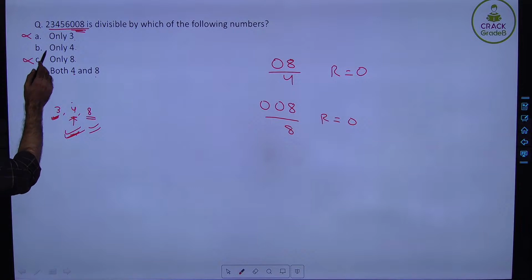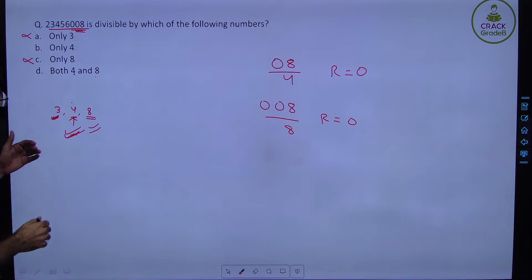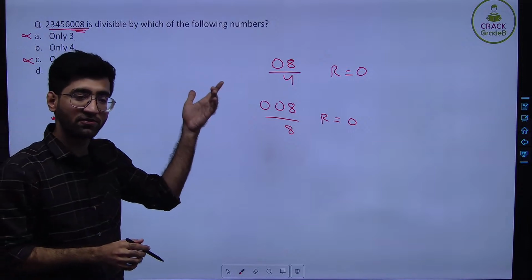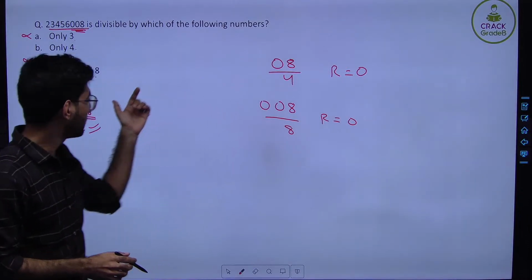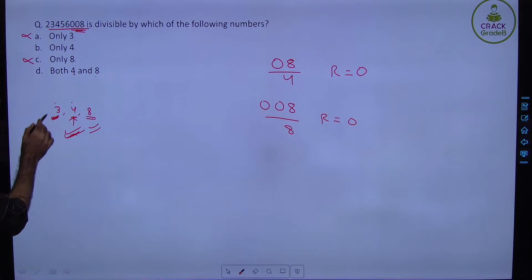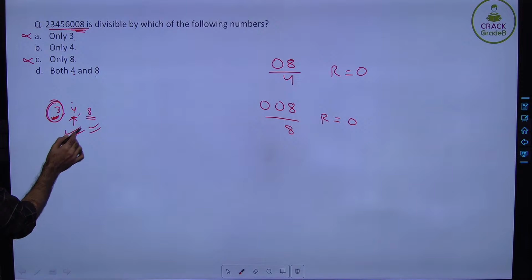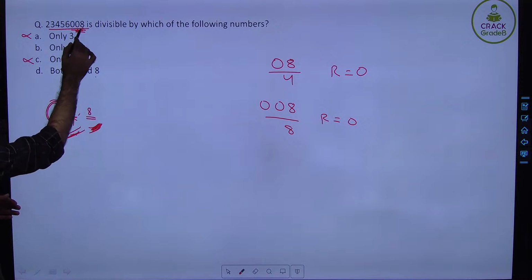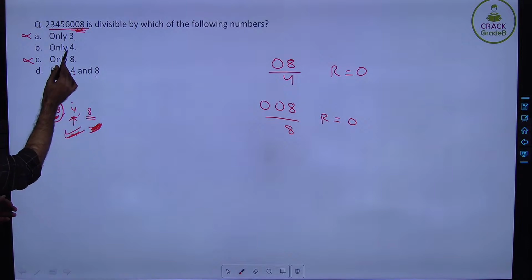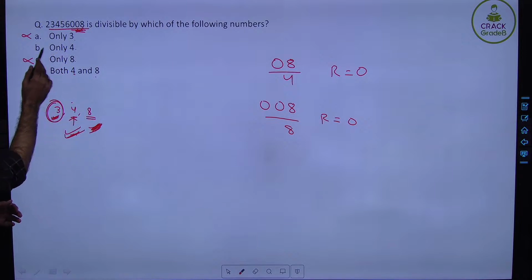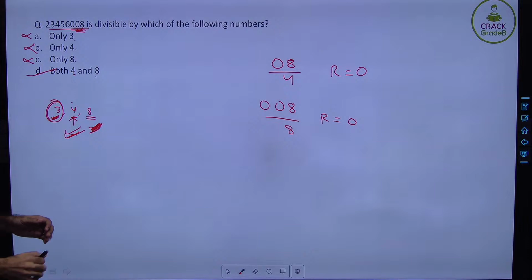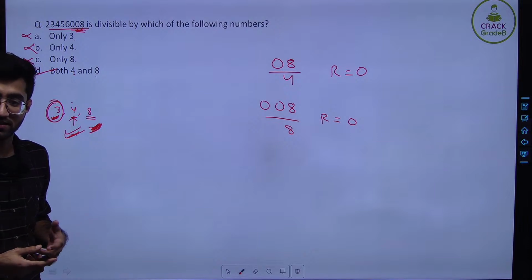Now notice this: option B says that this number is divisible by only 4, right? But we haven't checked divisibility by 3. However, we have checked divisibility by 8 and found that this number is divisible by 8. So can you pick this option? No, now you can't pick this option. So obviously option D is the correct answer, right?